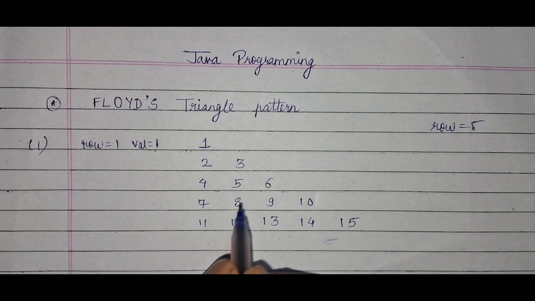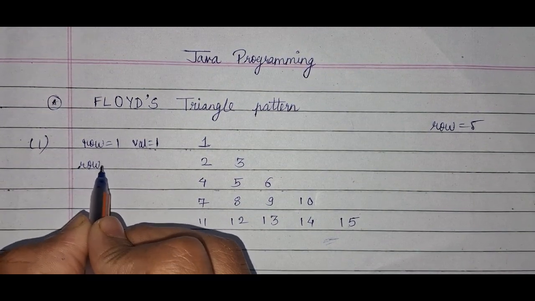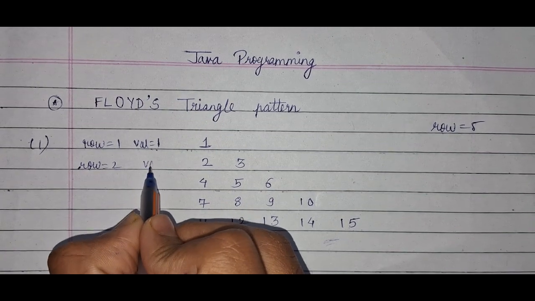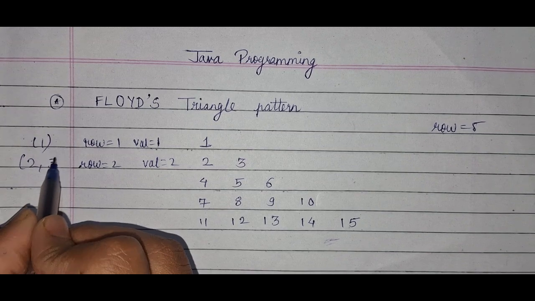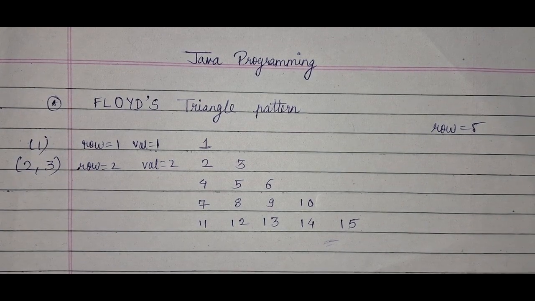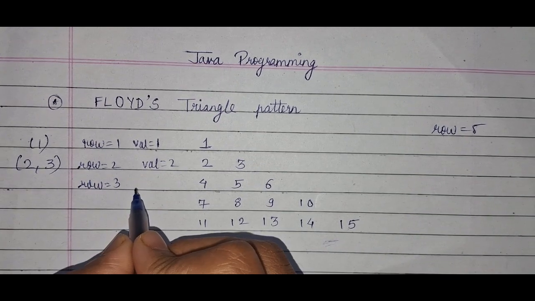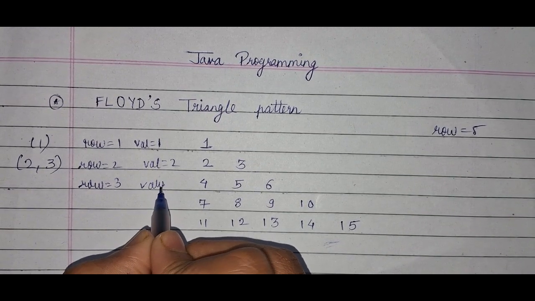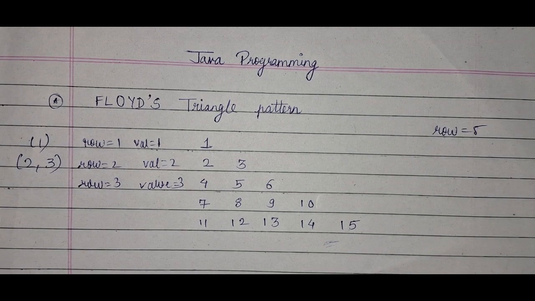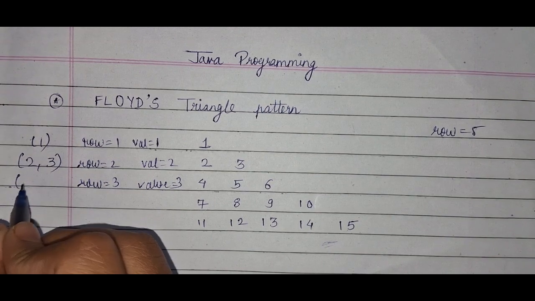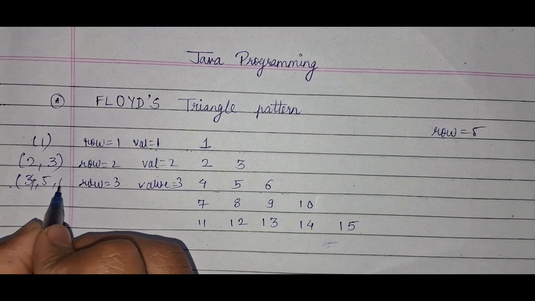In row 2 the number of values printed is 2, and the values are 2 and 3. In row 3 the number of values printed is 3, and the values are 4, 5 and 6.